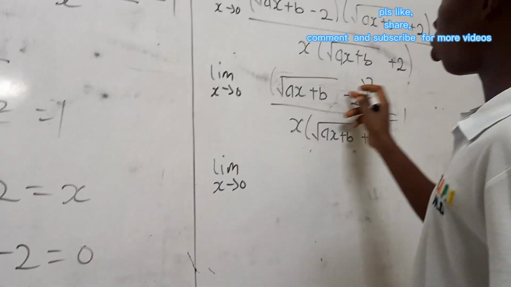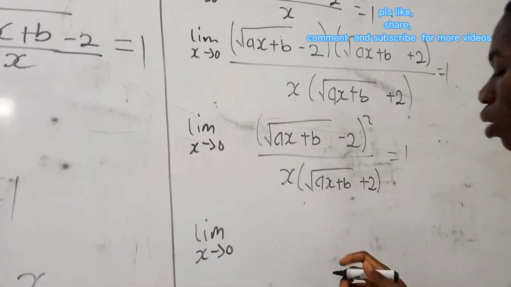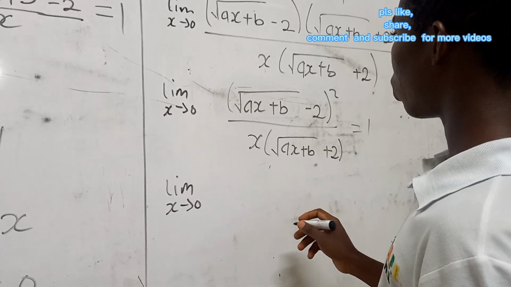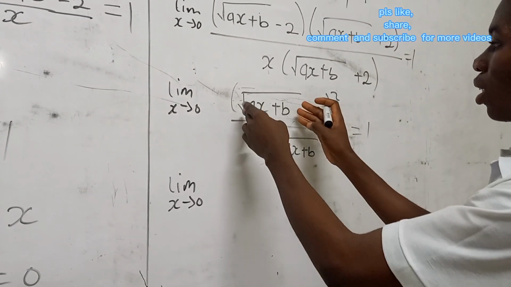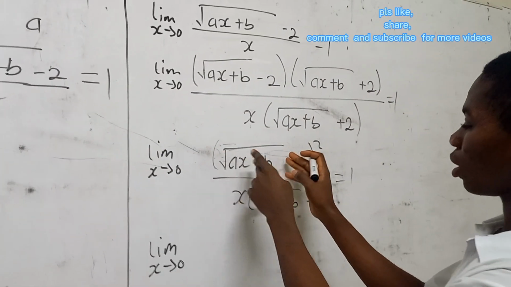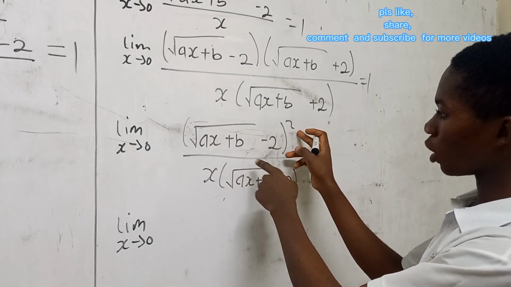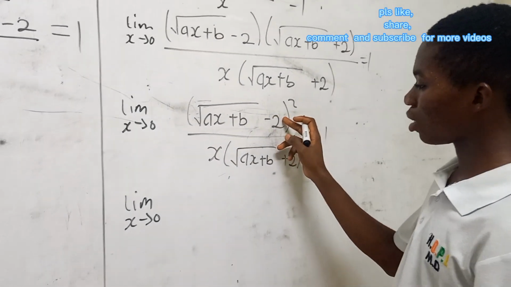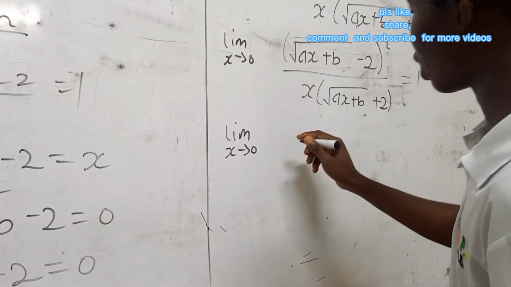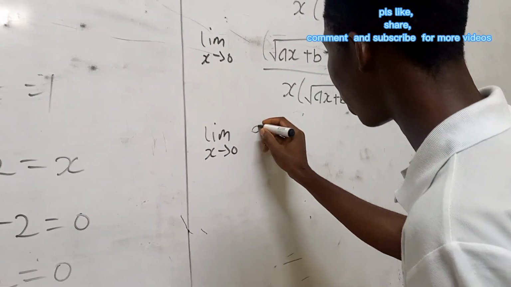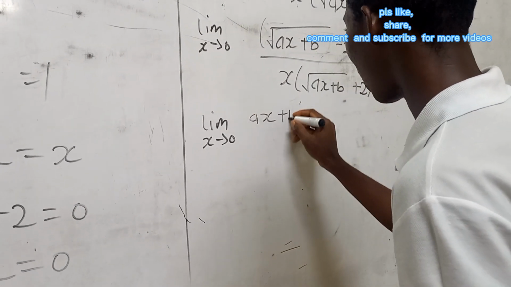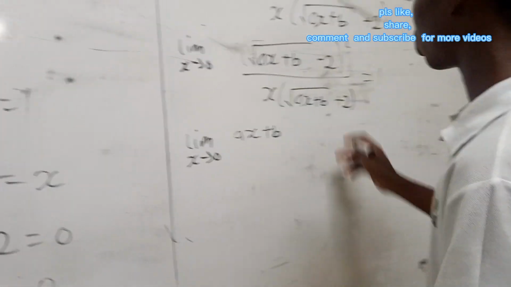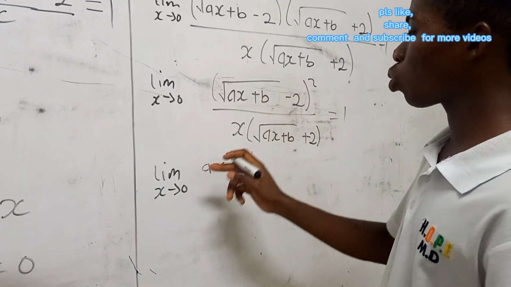Then we will use the binomial theorem to simplify this. So the binomial theorem says that this term squared, plus 2 multiplied by the whole terms, then this term squared. So if you square this term, we will have ax plus b like this, because the square will cancel the square root.